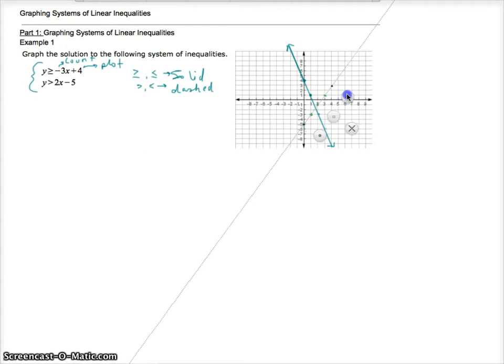Sorry, my graphing tool is not agreeing with me right now. And this is actually going to be a dashed line all the way down.